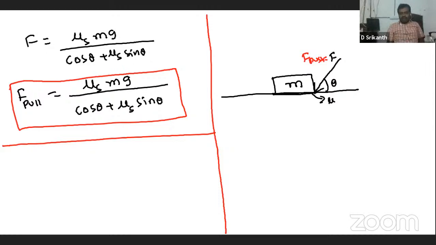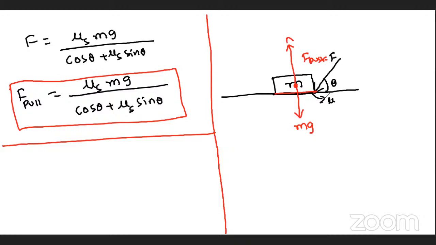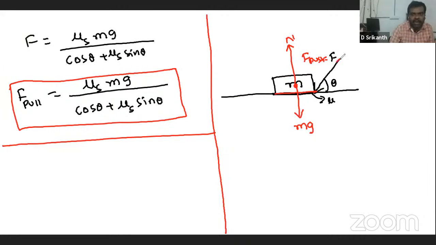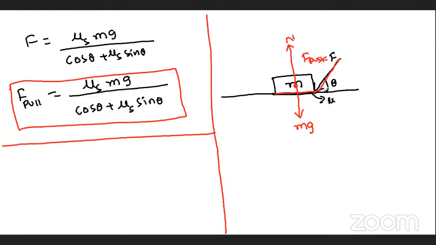Draw the free body diagram. From the center of the object, vertically downwards, mg, the weight. The object is in contact with the surface, so we have the normal force. Now the force is at an angle to the horizontal surface.